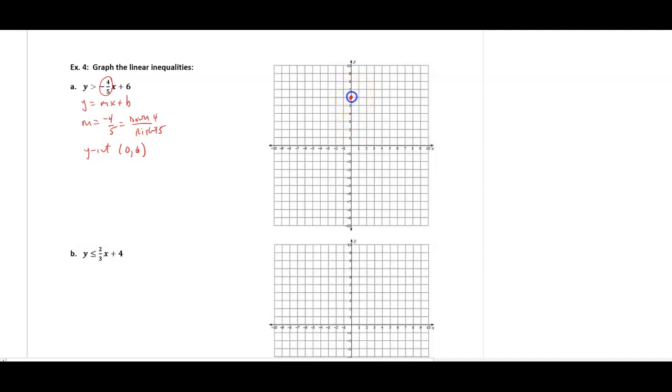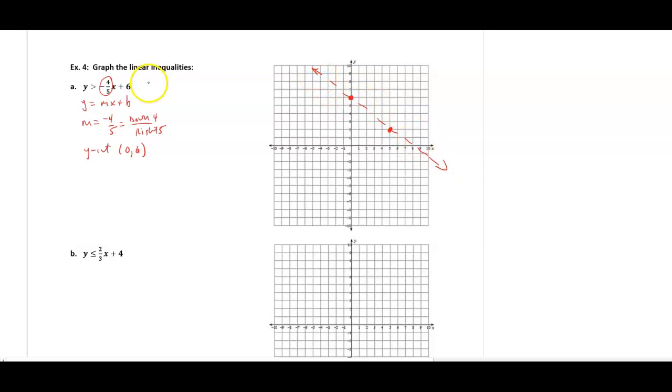So I'm going to plot my y-intercept. Then my slope tells me to go down 1, 2, 3, 4 over 1, 2, 3, 4, 5. I'm going to determine, do I have a solid or dotted line here? Well, in this case, I have a dotted line because I'm not equal to. So I graph my dotted line.